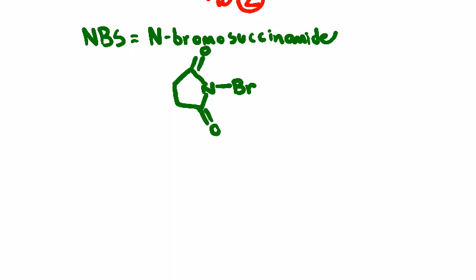So this is the structure for NBS, N-bromosuccinimide. And the role that this is going to play in the chemical reaction is that we can homolytically break the bond between the nitrogen and bromine. And when that homolytically breaks, that's going to provide for us a bromine radical.